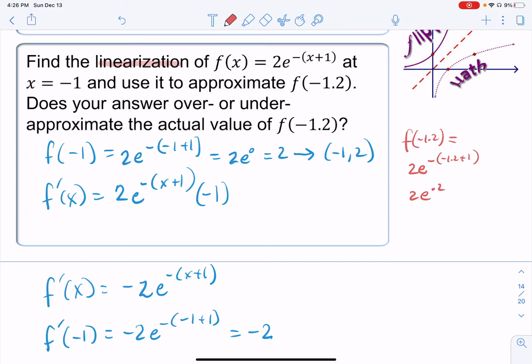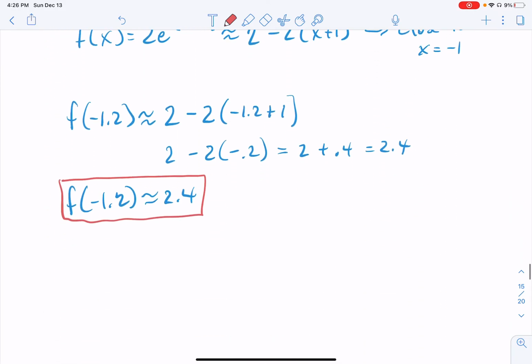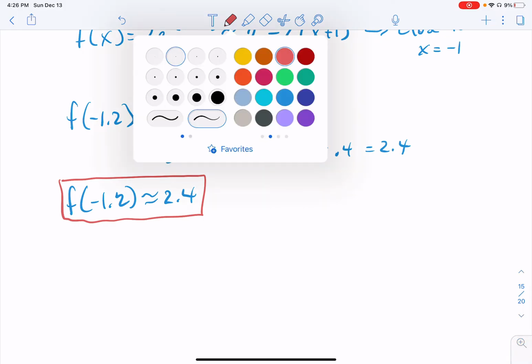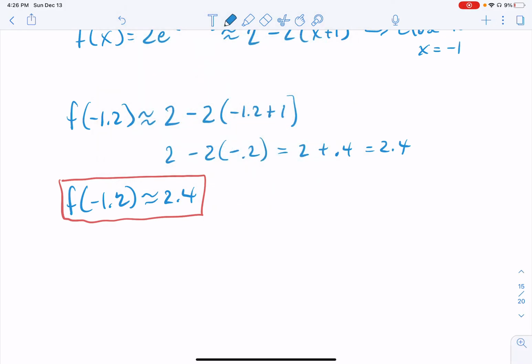So that's basically what we just approximated: 2 times e to the 0.2 power. What's it approximately equal to? About 2.4.